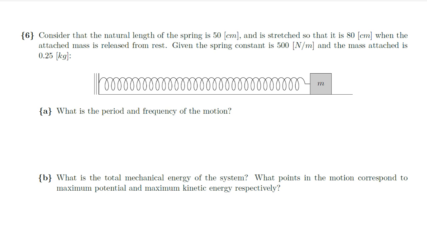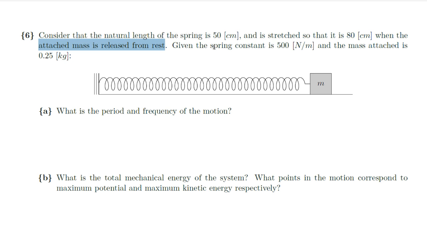We're going to consider a spring system which has a natural length of 50 centimeters. And it's stretched so that it is 80 centimeters after, so there's an initial length and there's a final length. The attached mass is released from rest.